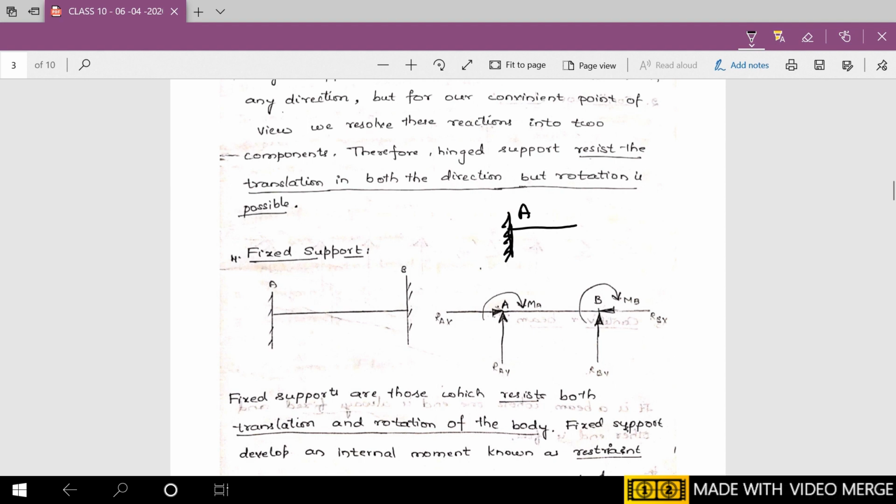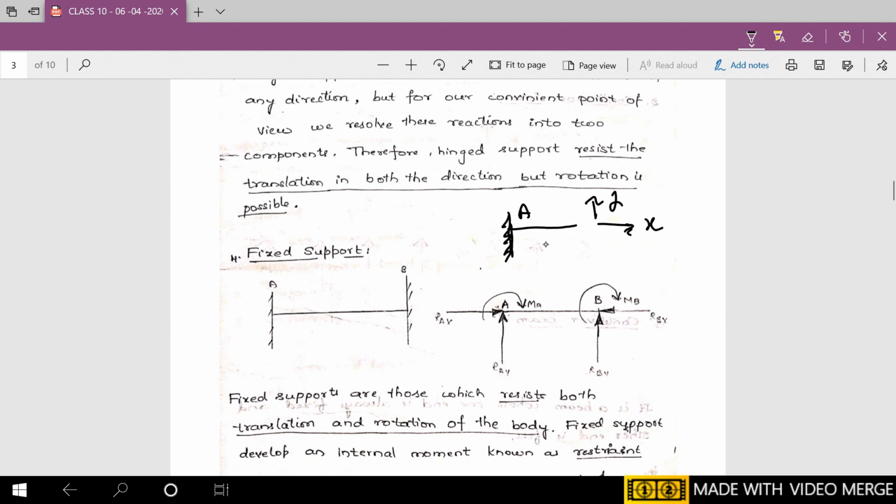This is called as fixed. It is fixed to a wall. If something is firmly fixed to a wall, it has no way to change its position. So if I say this is x direction and this is y direction, it is not able to move in x direction, not able to move in y direction, as well as not able to rotate.